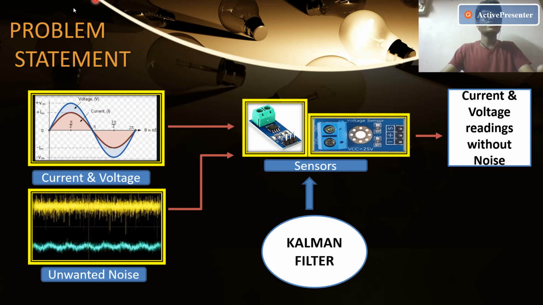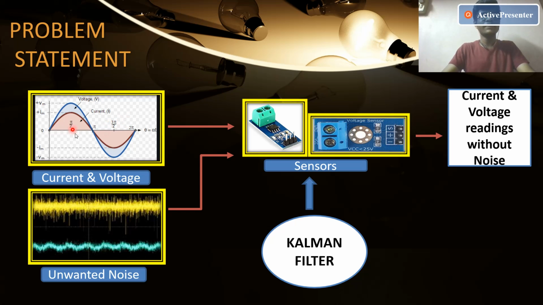So now let's have an overview of the problem statement in an illustrative way. A battery management system is basically monitoring the health of a battery. It is used in automotive, electric vehicles, or anywhere in industrial applications where there is a huge scope of electrical components. These are the current and voltage waveforms.